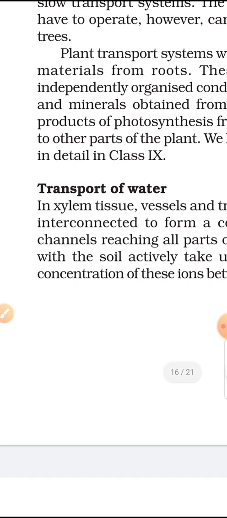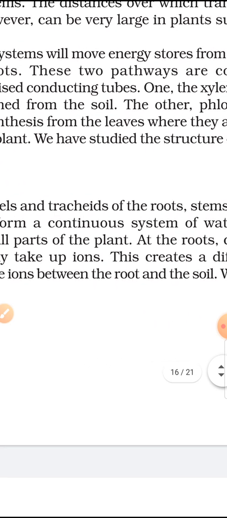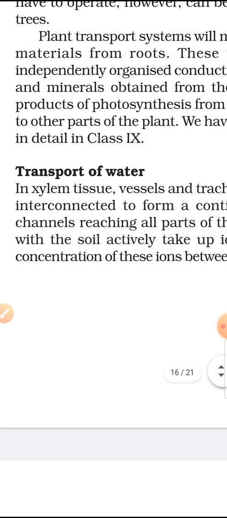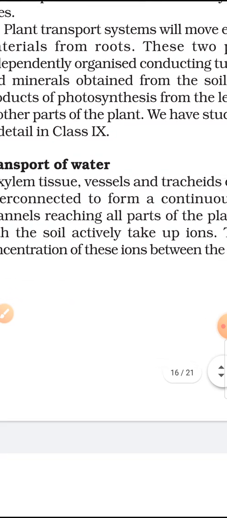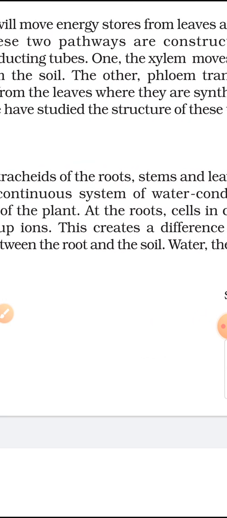They are connected to form a continuous system of water-conducting channels reaching all parts of the plant. As they are interconnected and form a continuous channel, water will be given to each and every part of the plant.